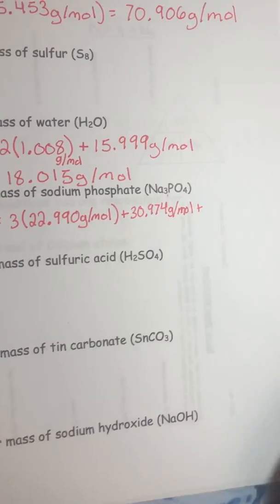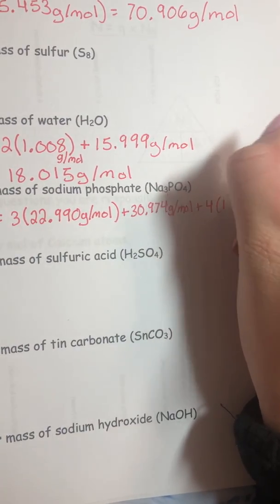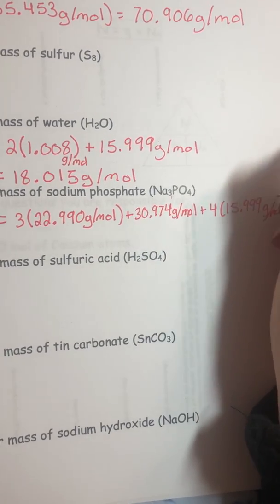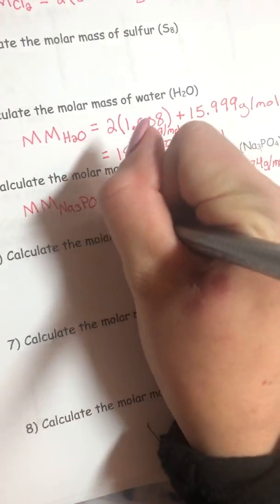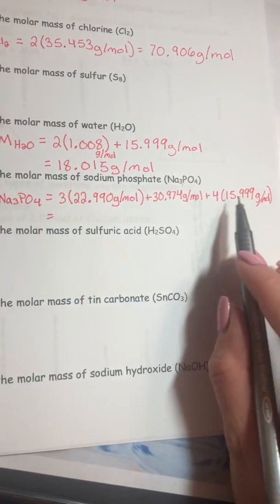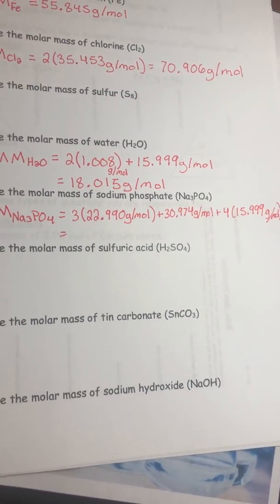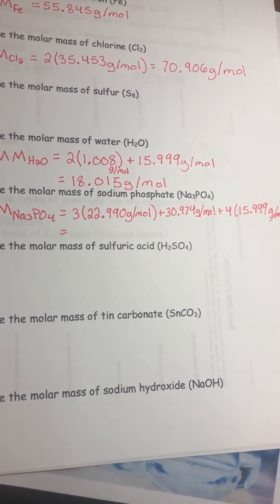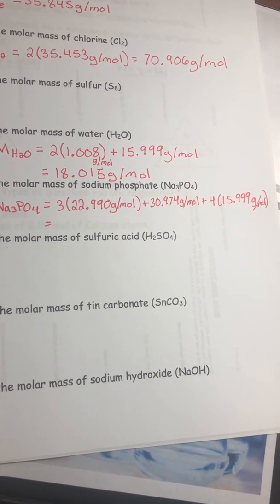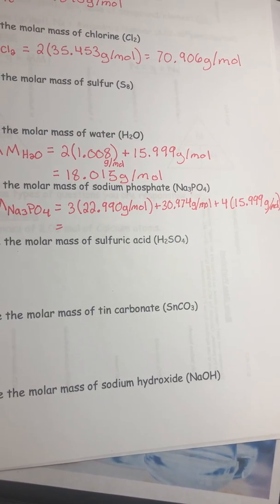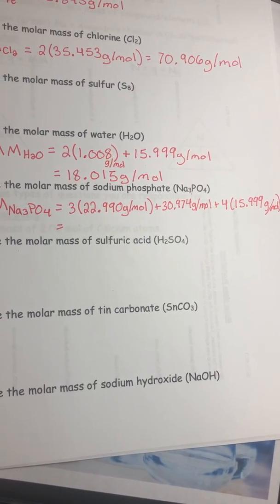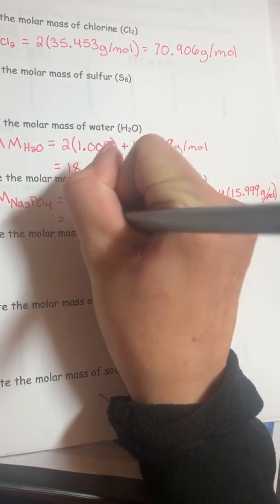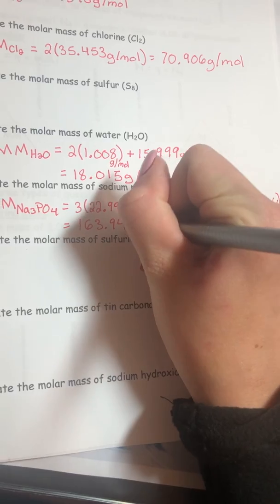Plus, I have 4 oxygens here, so I have 4 times 15.999 grams per mole. Again, do your multiplication first here and here, and then add them all together. And I get 163.94 grams per mole.